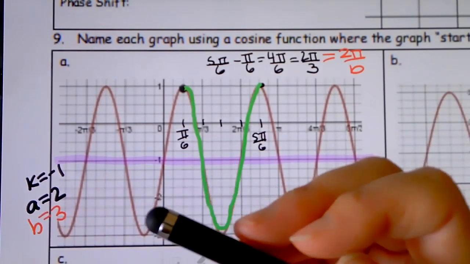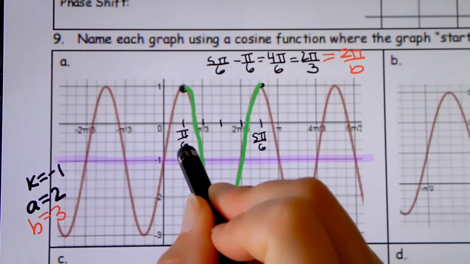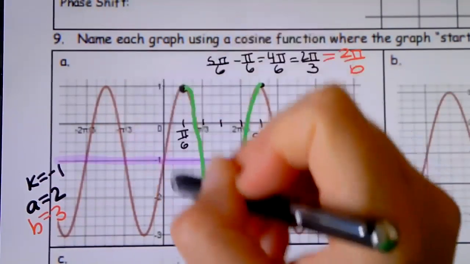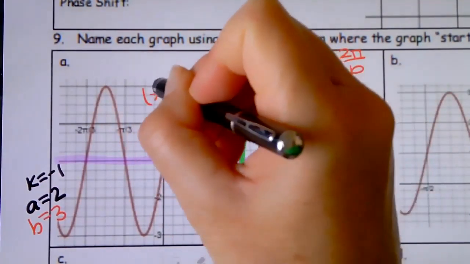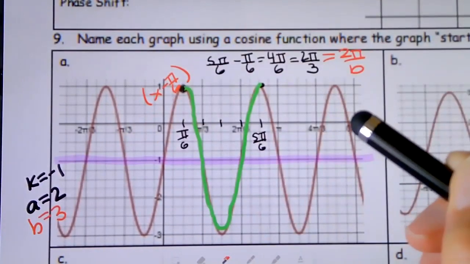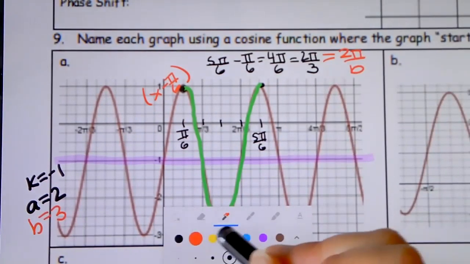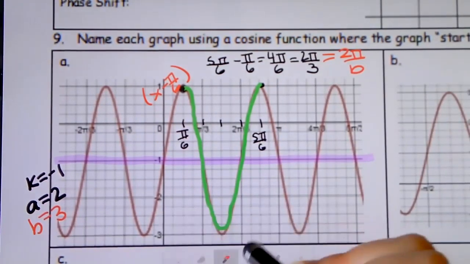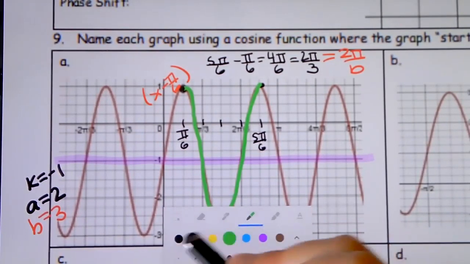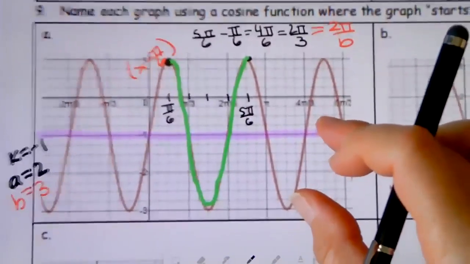The other part I need to know is where my start is, and I see my start right here. This is my start, so that is going to be x minus pi 6. That gives me the x minus pi 6 part of my equation. So now let me write my equation right down here.